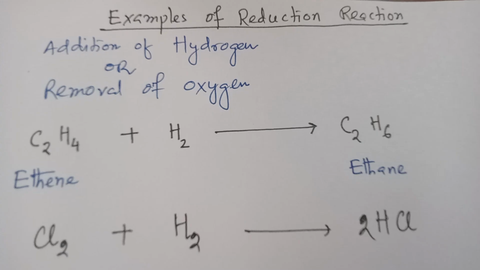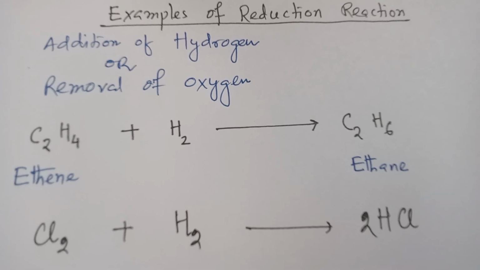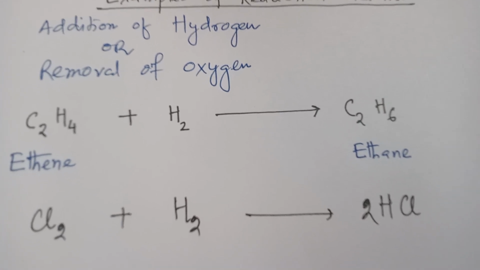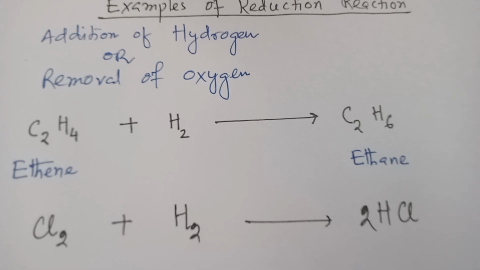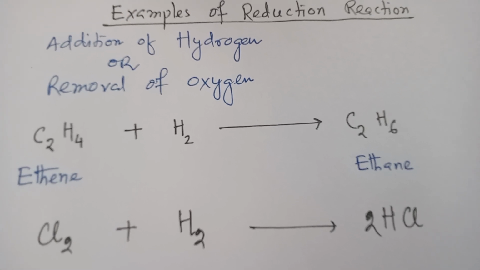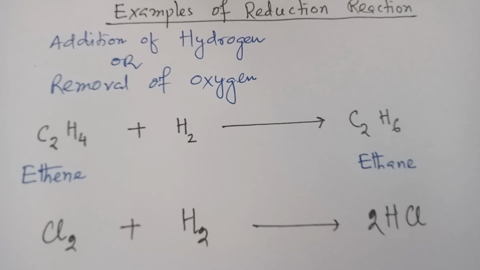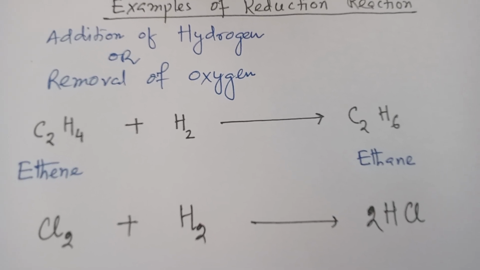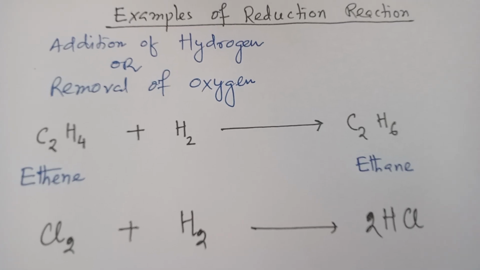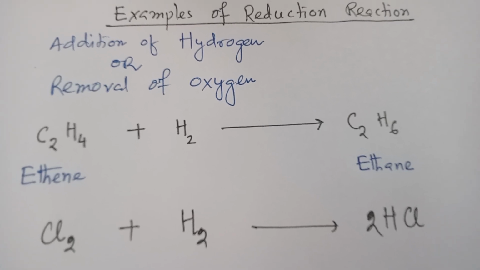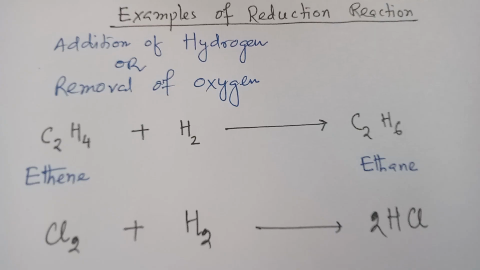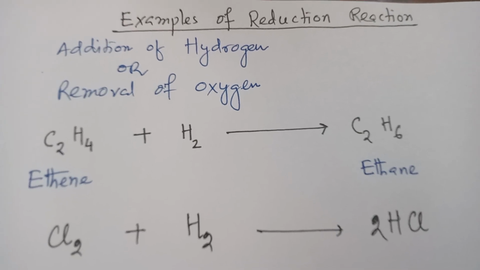So this is a reduction reaction in which hydrogen is added. Another example, chlorine gas plus hydrogen giving rise to hydrochloric acid. So here also hydrogen is added and a new substance is formed called hydrochloric acid. This is also an example of reduction reaction.